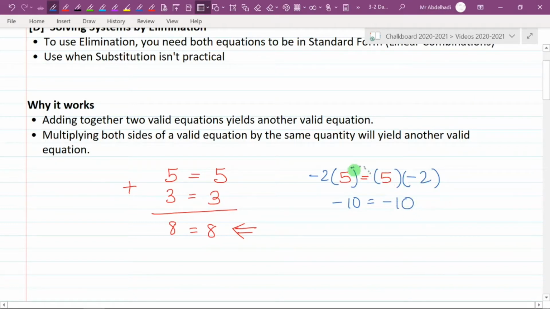So if you multiply an equation you know is true by any number on both sides, you get a new equation which is also true. Let's keep this in mind: adding together two equations, you get something that's true. As long as you do the same thing to both sides, it's going to stay true, multiplication included.